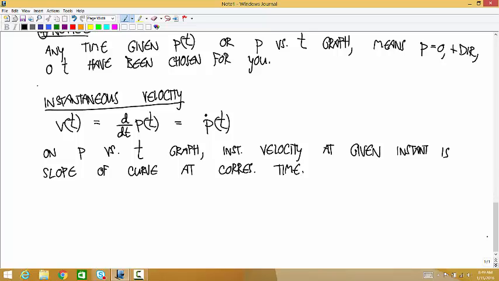All right, so for example, let's say that we have a function P of t is equal to negative 5t squared plus 5.